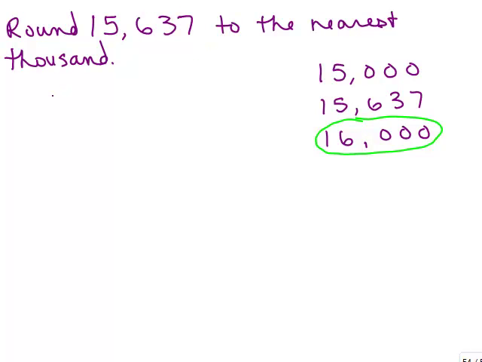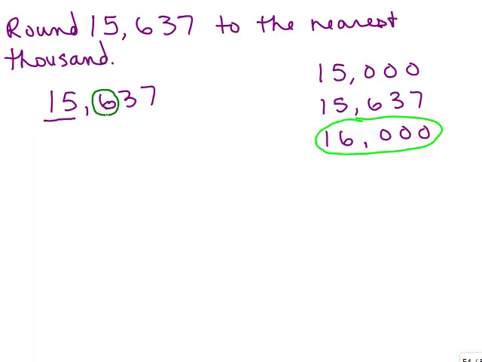Well, I'm going to write this number 15,637. Okay, so here's what you do. If you're going to the nearest thousand, I underline up to the thousands place, and nothing after. The question is if I'm going to keep that 15,000 or I'm going to go up to 16,000. What we do is look at the digit to the right of the thousands place.